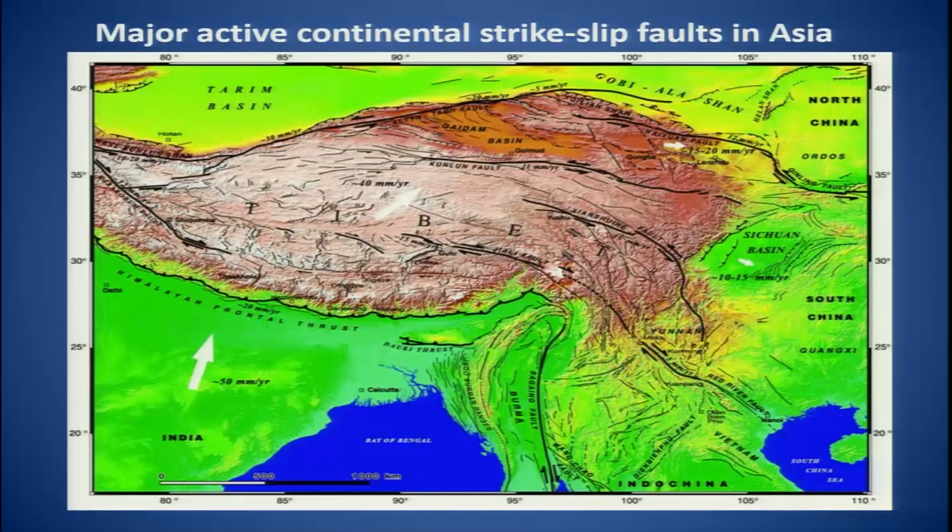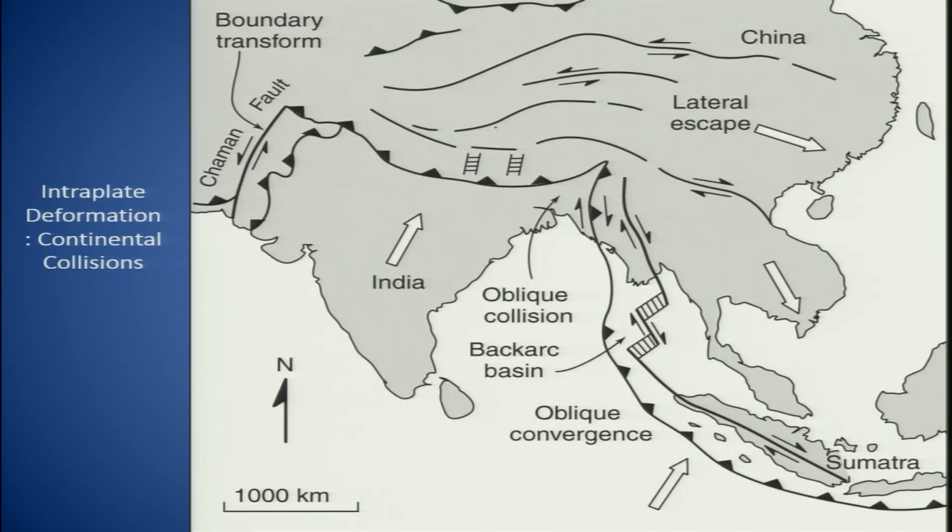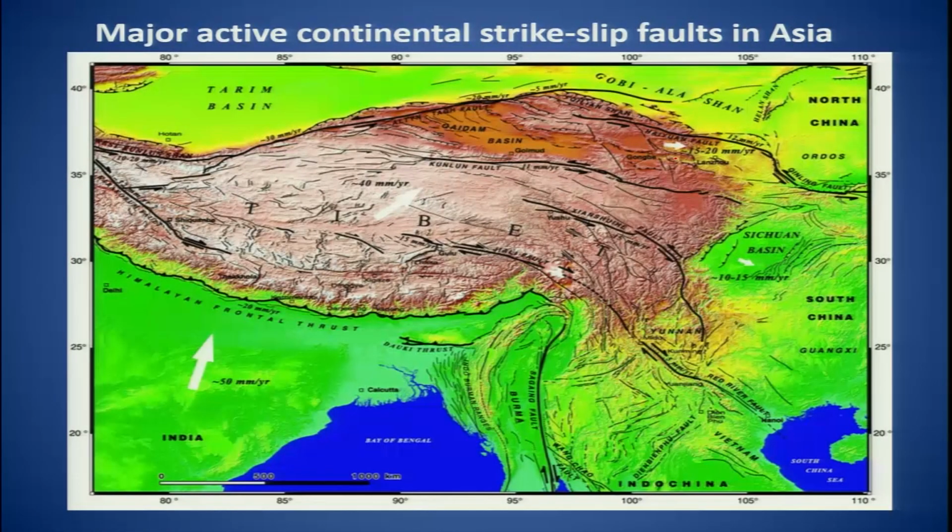So let's move ahead. There are several faults which show right lateral movement because of the process of lateral escape. We have faults like the Jali fault here, the Kunlun fault, the Altyn Tagh fault. These are very major faults on the Tibetan side, which show right lateral strike slip.